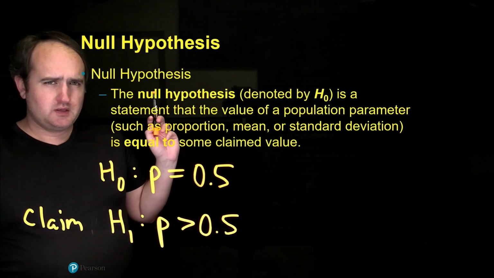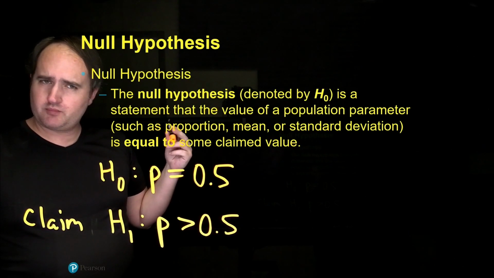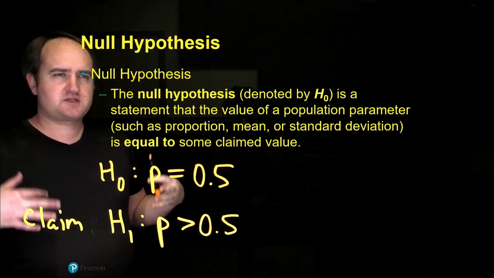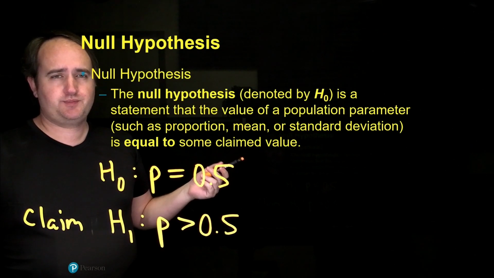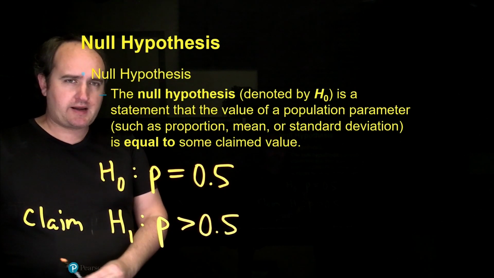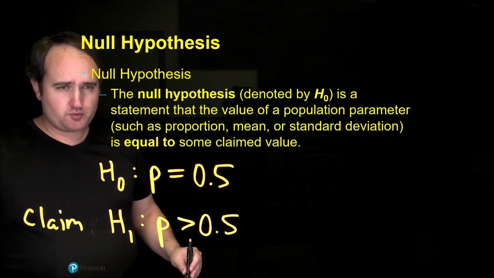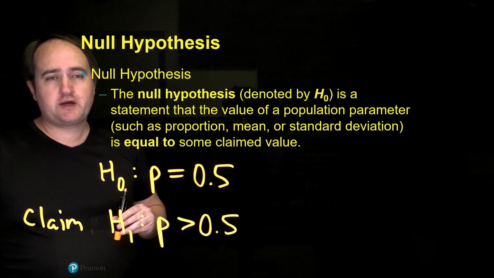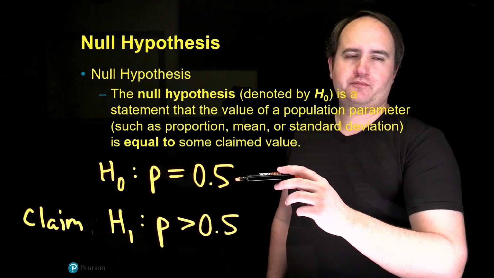And some books teach this a different way than our book, but I'm trying to follow what our book does. So in our book, it's actually quite straightforward to write out the null hypothesis, because you just write out the alternative hypothesis first, which is your claim, and then you replace that symbol with an equals every time, and that gives you your null hypothesis, or H0.